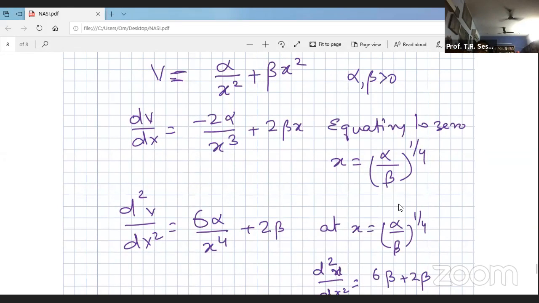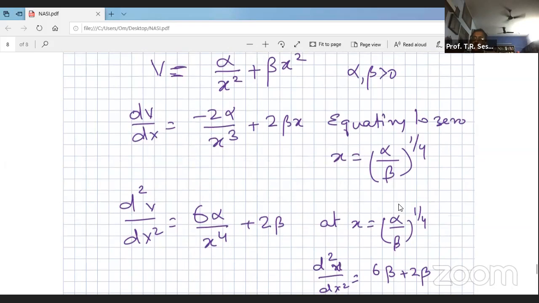Now x square equal to the positive square root of alpha by beta. I take a square root of this further because of x square. So x is plus minus the fourth root of alpha by beta. Although x square cannot be negative, x can be negative. It can be positive or negative. So there are actually two solutions, x equal to plus minus alpha by beta to the power 1/4.